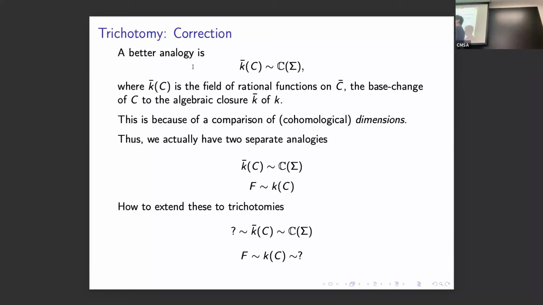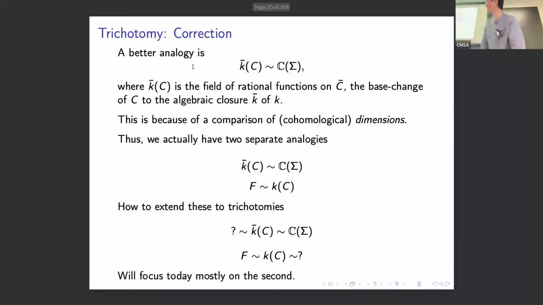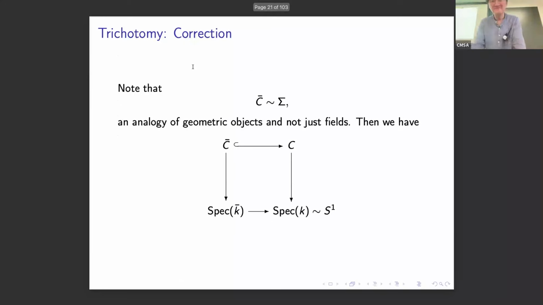That's the question. For now, we'll focus mostly on the second side, although there is a lot of interesting work on completing this dichotomy as well. And the way to fix that is reasonably easy.